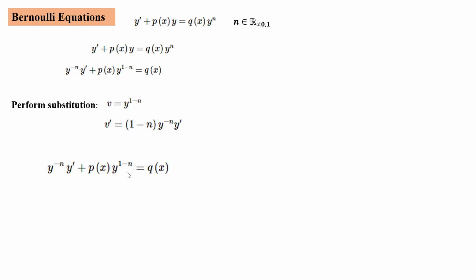You can perform the following substitution. Replace y to the negative n y prime with v prime times 1 divided by 1 minus n. And then remember, n is just a real number. So this is just a constant multiplier. Plus p of x times v equals q of x. So we're getting closer to it looking like a linear differential equation.